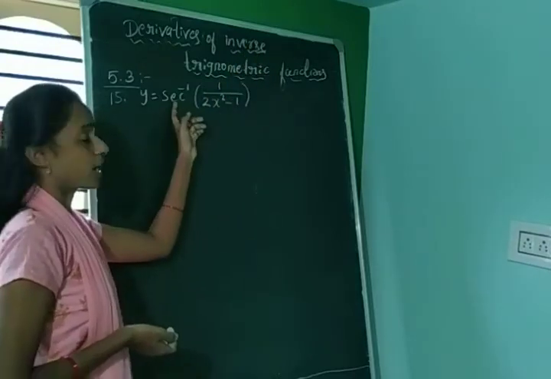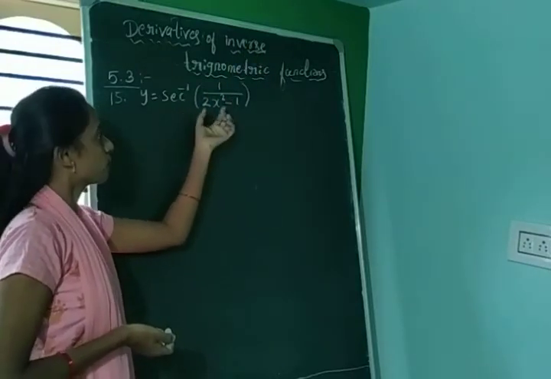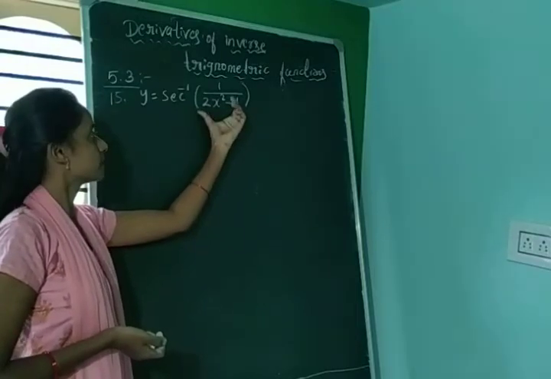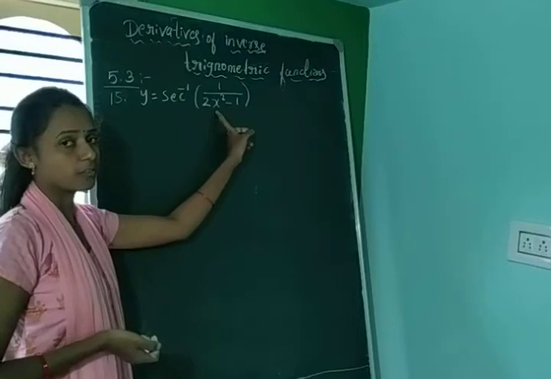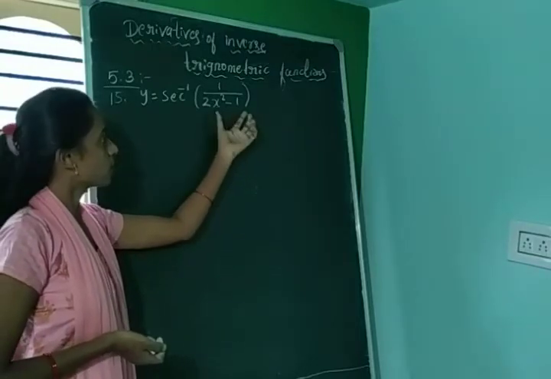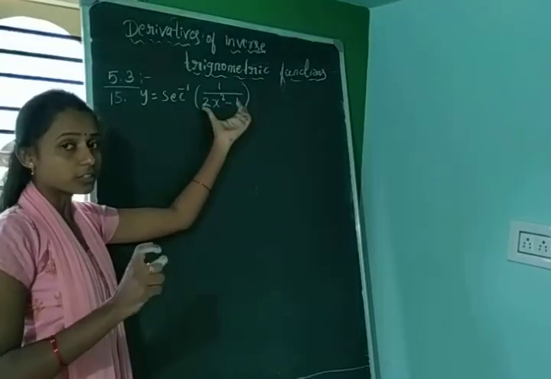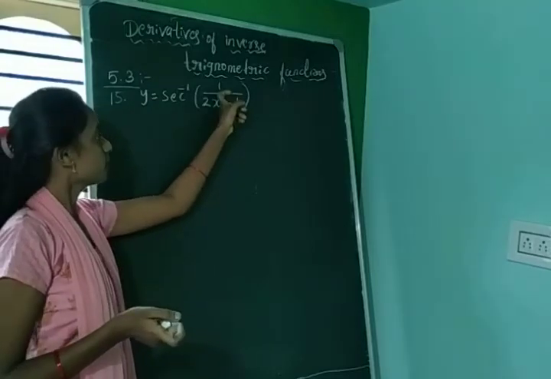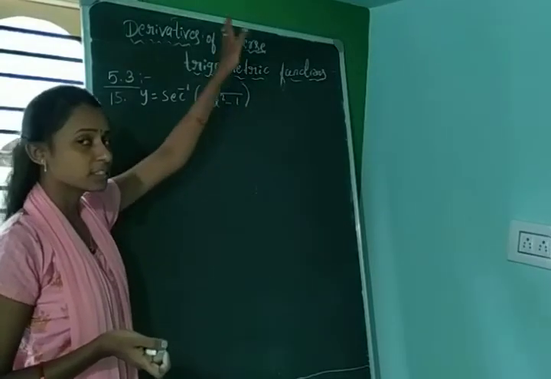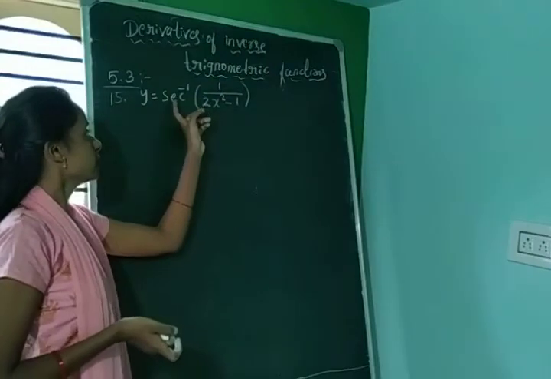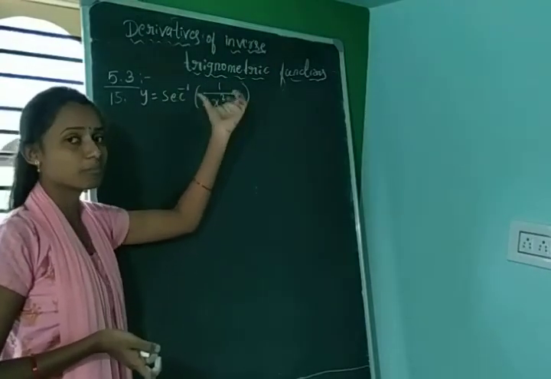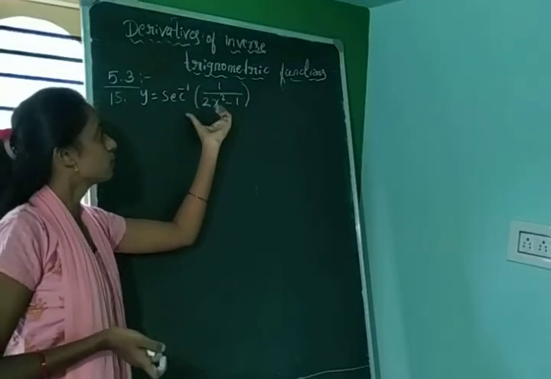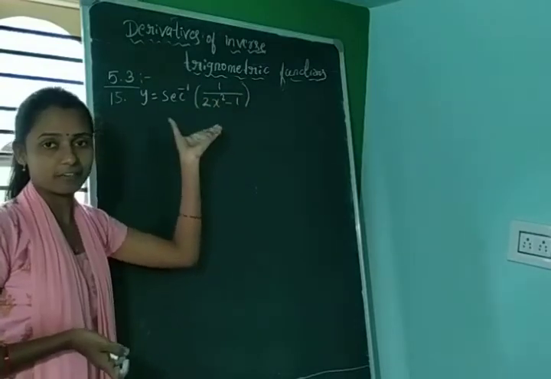So here we have a secant inverse. So if you go with the substitution, the variable x is a cos, somehow it will reduce us to some cos standard formula. Then you can write 1 by cos as secant. In that case, secant inverse and secant get cancelled, and you will get the simple form of this.